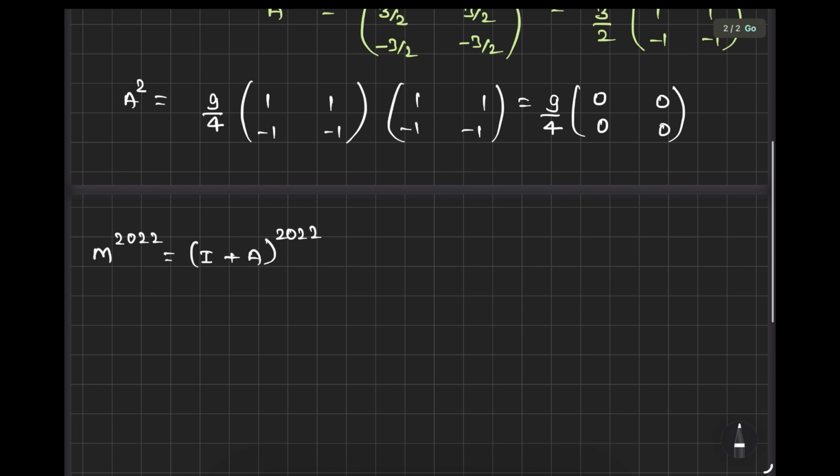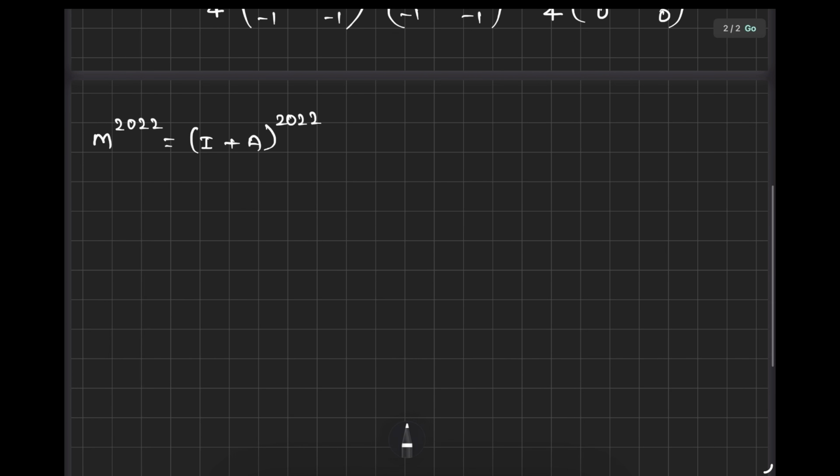Now try to recall the binomial expansion. It is written that (1 plus x) to the power n is equal to nC0 x power 0. Here identity will be taken as 1. And if you don't want to take that, I'll take x and y.